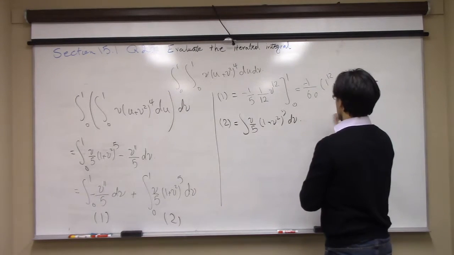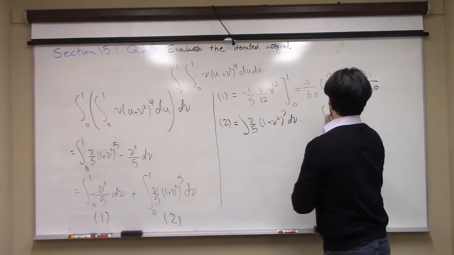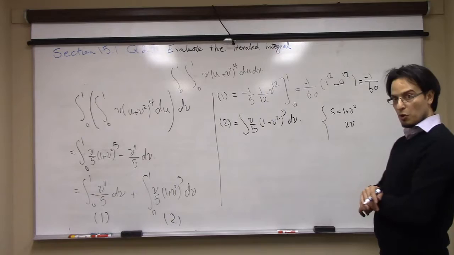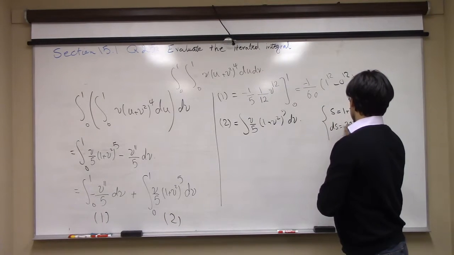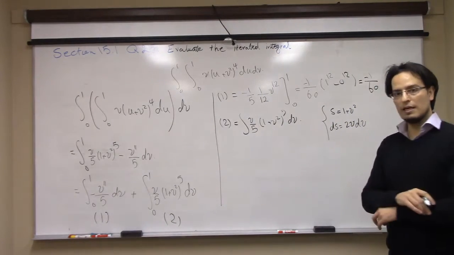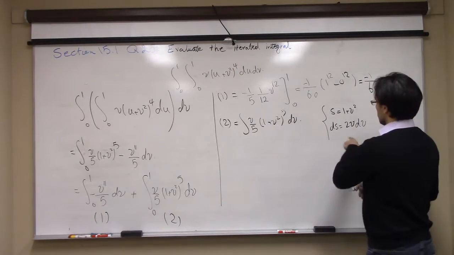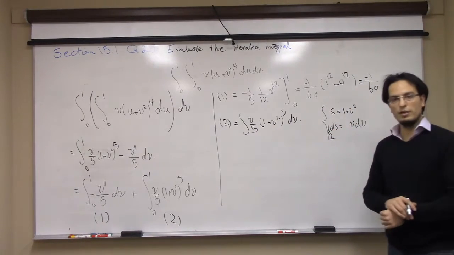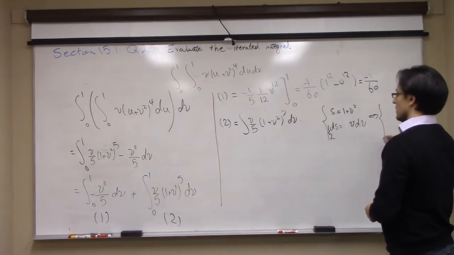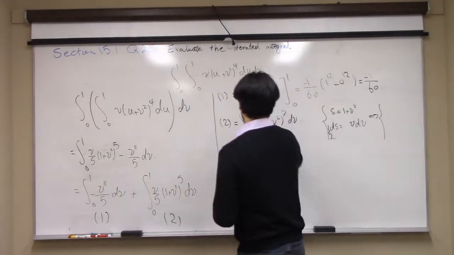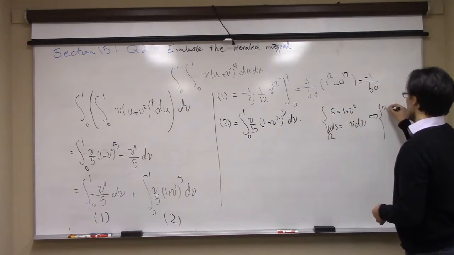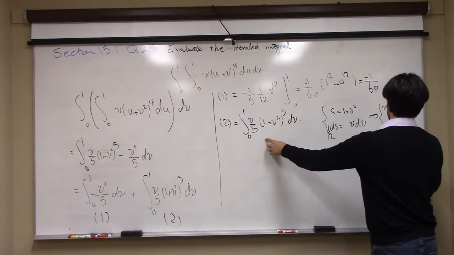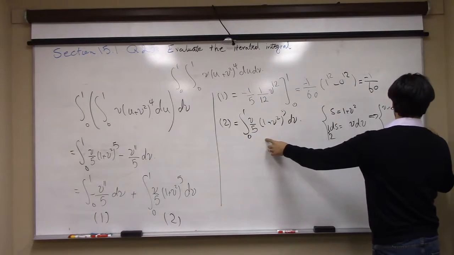So if I take my new variable s to be 1 plus v squared, then my ds is going to be 2v dv. You may say, where is this 2? I can get rid of that 2 by dividing by 2 there. And the other thing is I have to change the boundaries. So if v is 0, s is going to be 1. If v is 1, s is going to be 2.